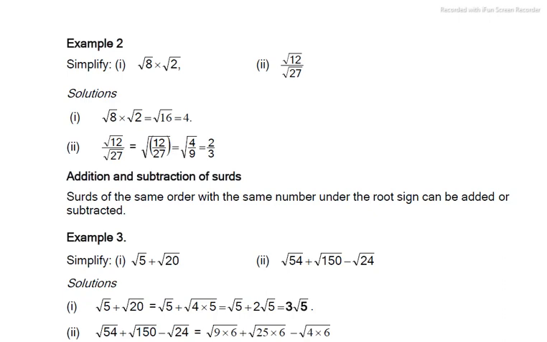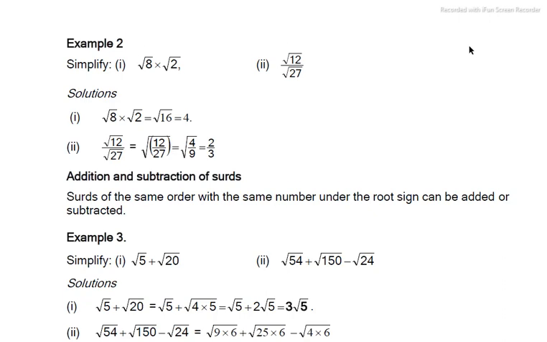And if you realize these three have something in common, we realize that 54 is 9 times 6, and 150 is also 25 times 6. Similarly, 24 is 4 times 6. So we shall come up with a common root, which is root 6.